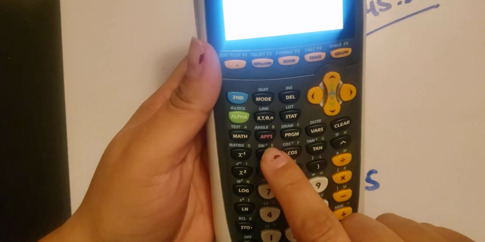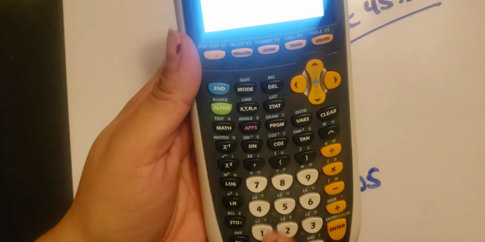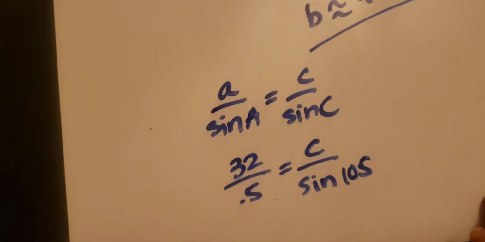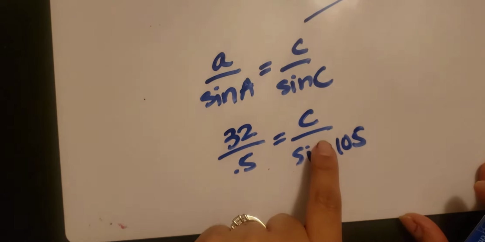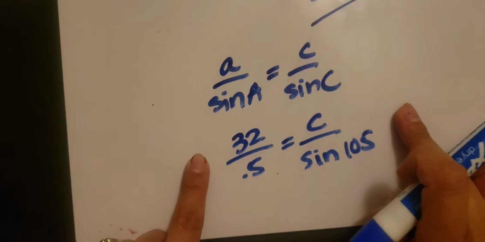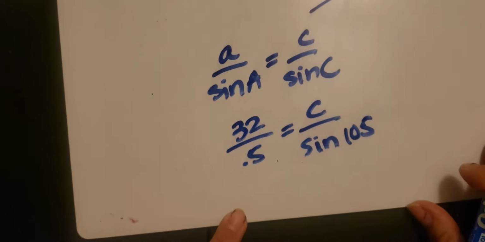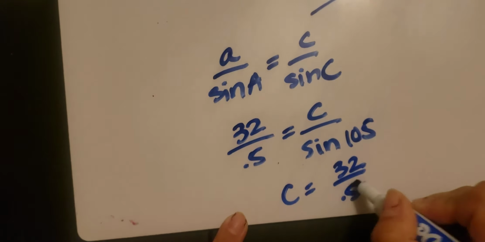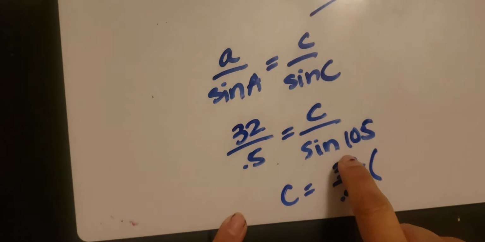So sine of 105, that's going to give me, hopefully you could see it, 0.9659. So in order for me to isolate c by itself, I would basically get rid of sine by multiplying both sides by sine. So I'm going to end up with c equals 32 over 0.5 times sine of 105.